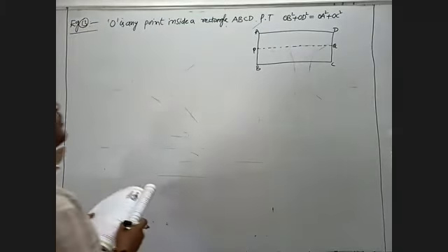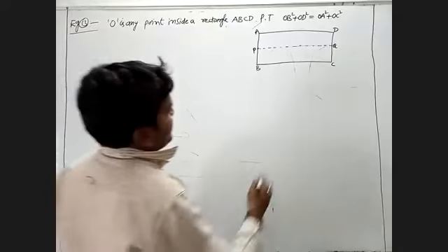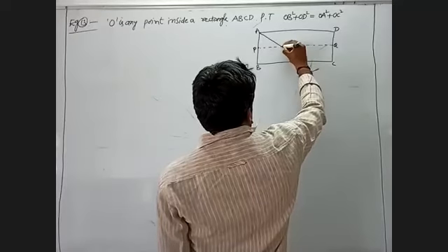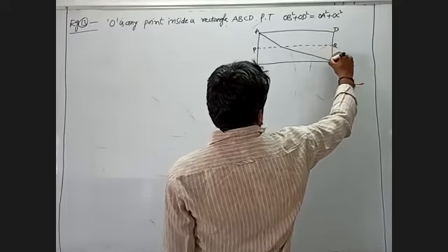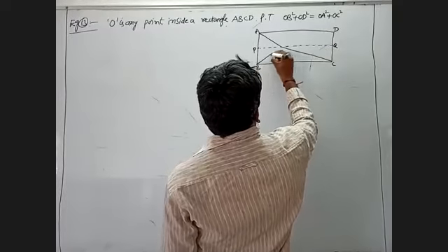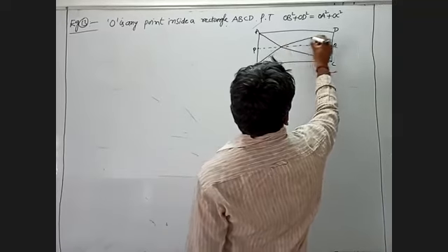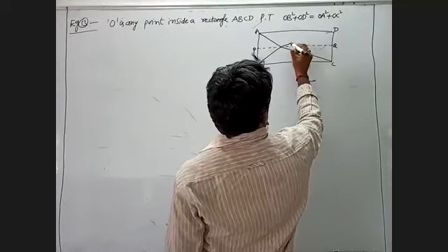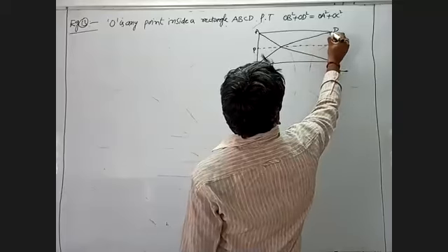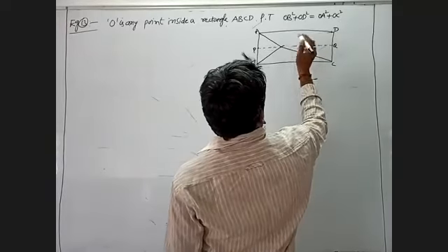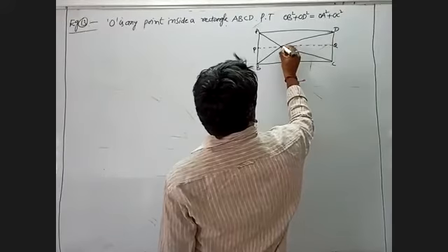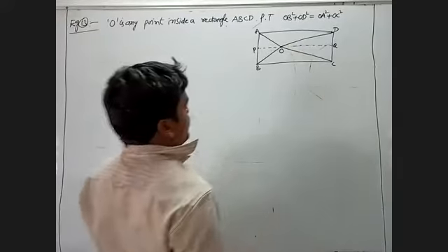O is any point inside the rectangle. This is the given point labeled as O.